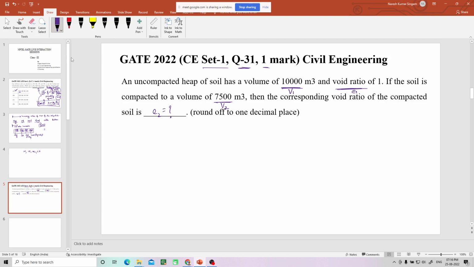Before that, first we need to know what is void ratio. I hope everybody knows what is void ratio, but I just want to ask whoever is in the third year BTech or Bachelor of Engineering, can you respond, do you know what is void ratio?